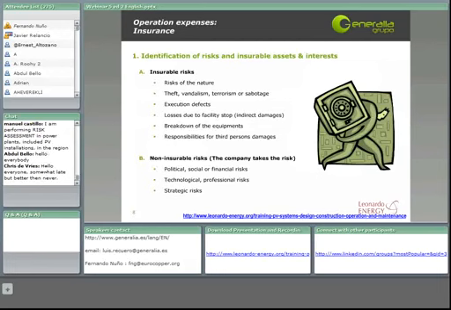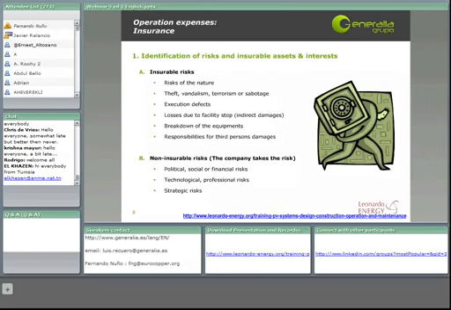It can be quite disappointing finding that an incident was not covered by our insurance company just when it has happened. The main insurable risks will be the risks from nature, like hailstorms, flooding, wind effects that can damage our sun trackers, maybe in some countries earthquakes.